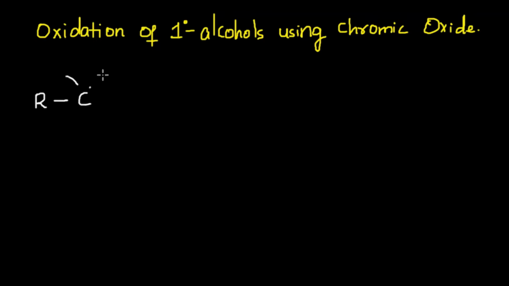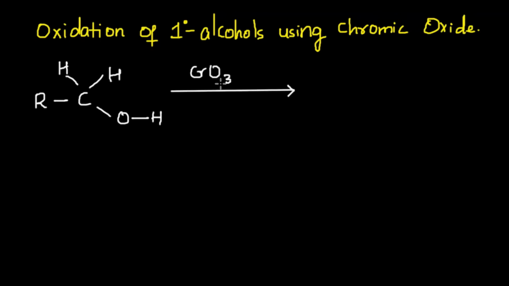So this is our primary alcohol. And chromic oxide, note that chromium is in its +6 oxidation state. So it's going to form chromate ester.